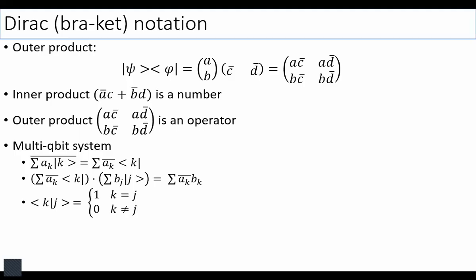I could think that I just open this bracket and use the fact that the scalar product of k and j is equal to 1 when k is equal to j, and equal to 0 if k is not equal to j, which corresponds to this being an orthonormal basis.